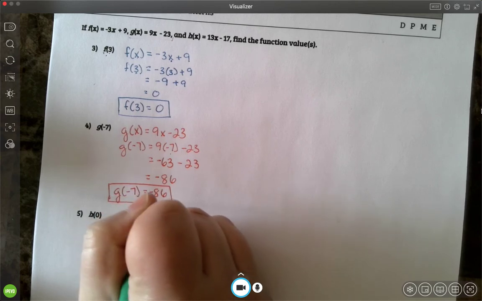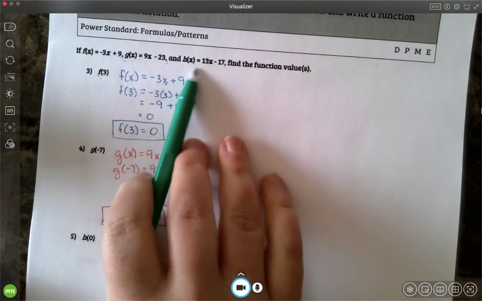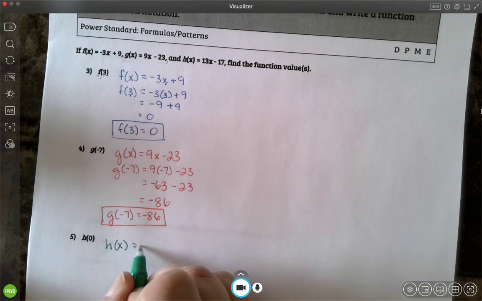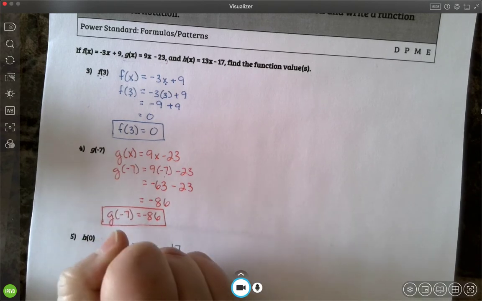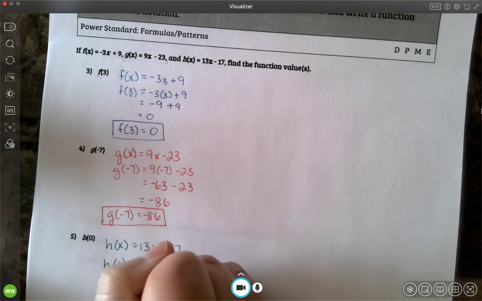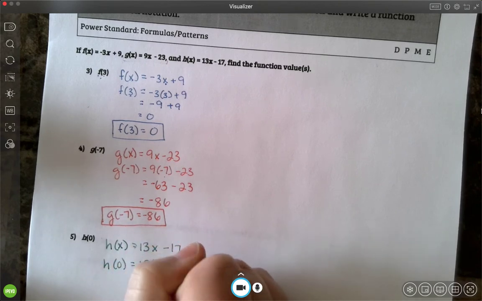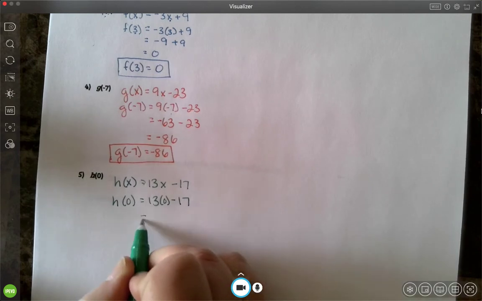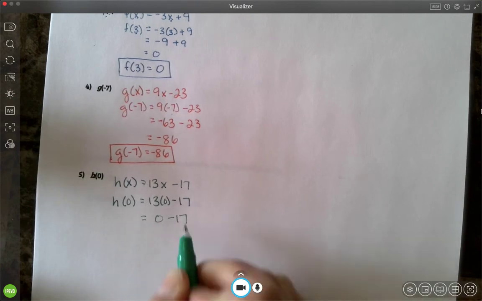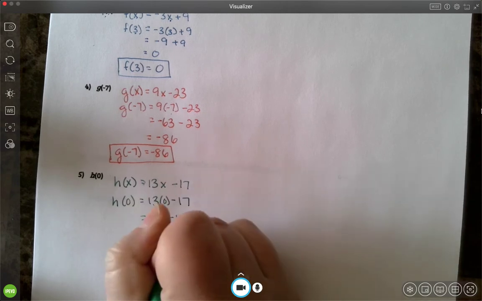Then, for h of 0, I need to look at what is my h function. So I go back up to my directions and I see h of x is 13x minus 17. So h of 0, I replace that x with a 0. And then 13 times 0 is 0. 0 minus 17 is negative 17.